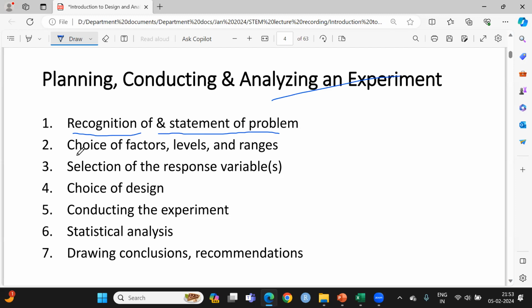After that, what are the factors or levels one has to keep in mind while developing that product? Which one is your response variable? That means if you want to observe the performance of the component one wants to prepare, which one can be considered a response variable.